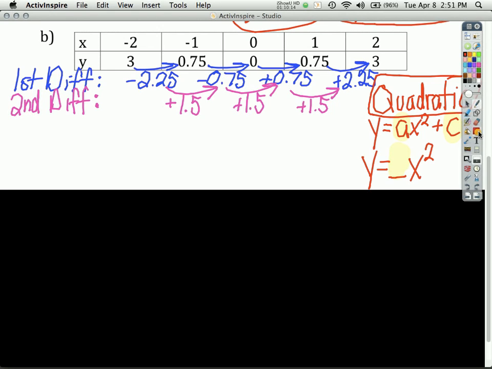Does anyone know how we can do that? Got one person who has an idea? Go ahead, Nathaniel. Well, it's quadratic, so it doesn't have slope. Okay, so I have a headache. Okay. That's understandable.